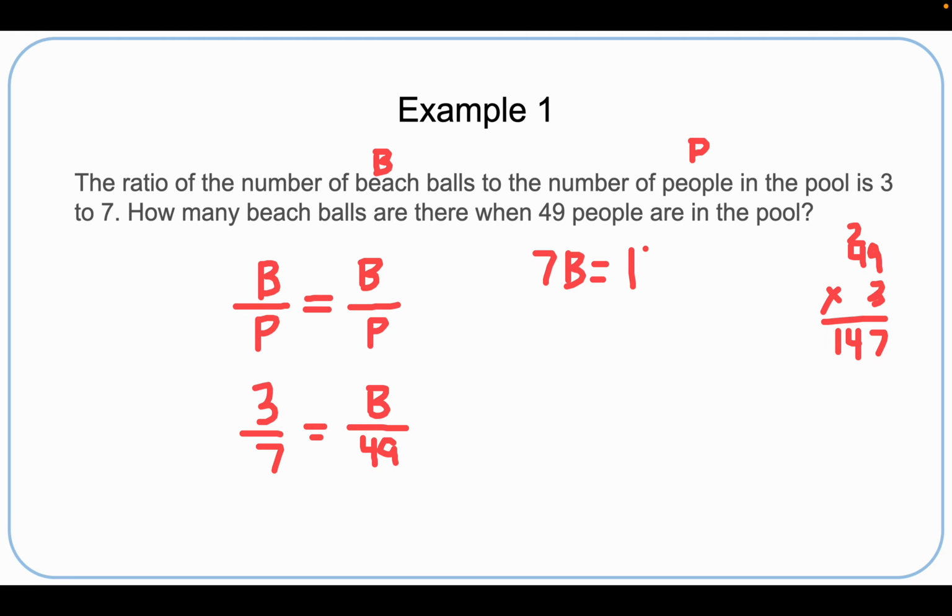So 7B equals 147. And then to solve for B, we need to divide both sides of our equation by 7. And those 7's will cancel out, so we'll be left with B equals 147 divided by 7, which is 21. So there's 21 beach balls when there's 49 people in the pool.